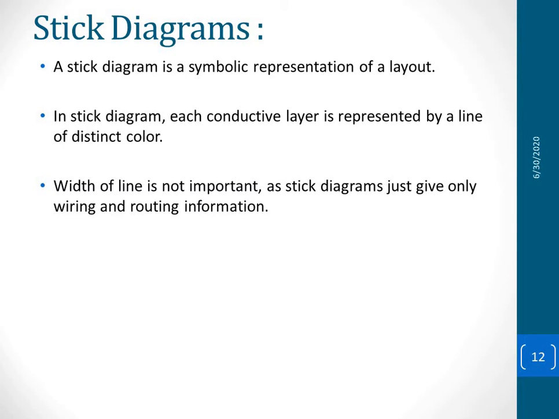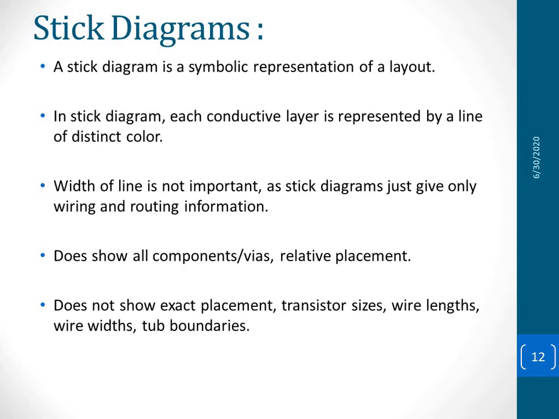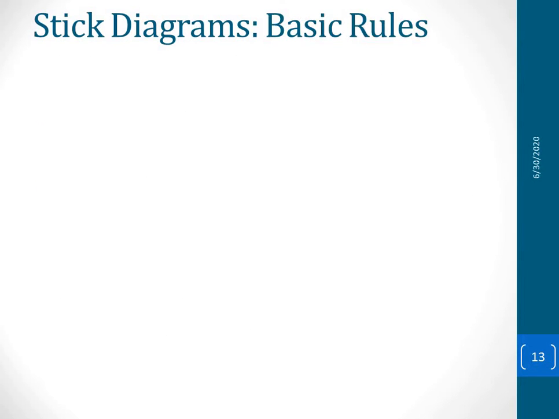Width of line is not important, as stick diagrams give only wiring and routing information, thus show all components, vias, and relative placement. It does not show exact placement, transistor sizes, wire lengths, wire widths, tub boundaries. There are some of the basic rules which we are supposed to follow to make the stick diagrams.